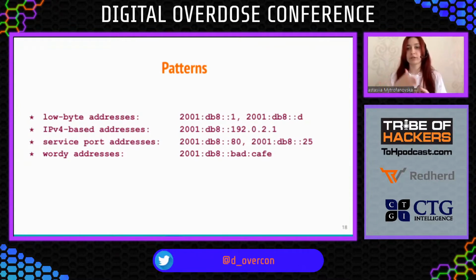And we can also use word addresses, just embedding a word in the IPv6 address. But the word has its own limit, because in hexadecimal there is only usage of the letters A to F.